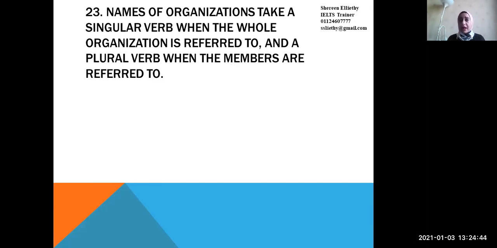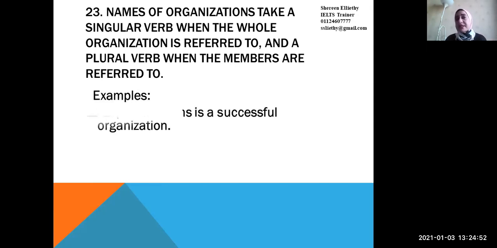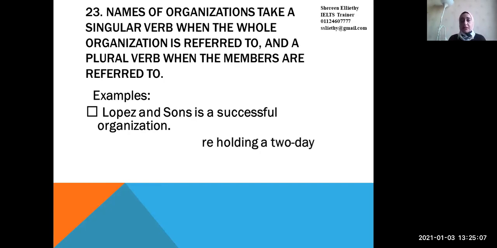What about names of organizations? They take a singular verb when the whole organization is referred to, and a plural verb when the members are referred to. An organization could be a corporate, a company, right? So Lopez and Sons is a successful organization. Now I am referring to the organization as one entity, one unit.